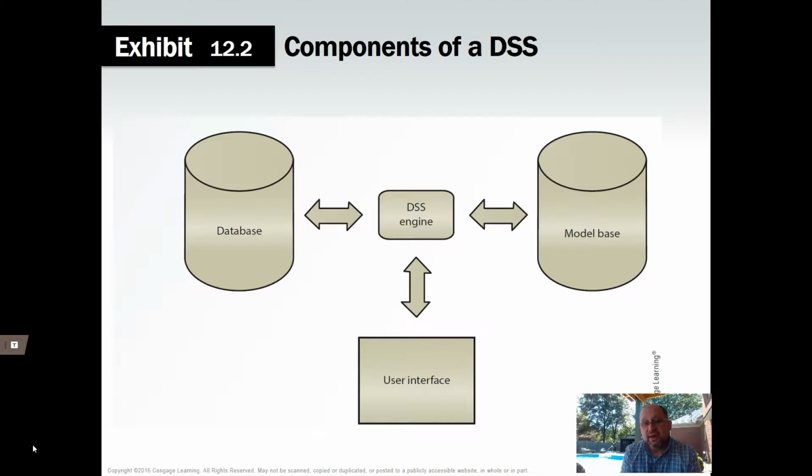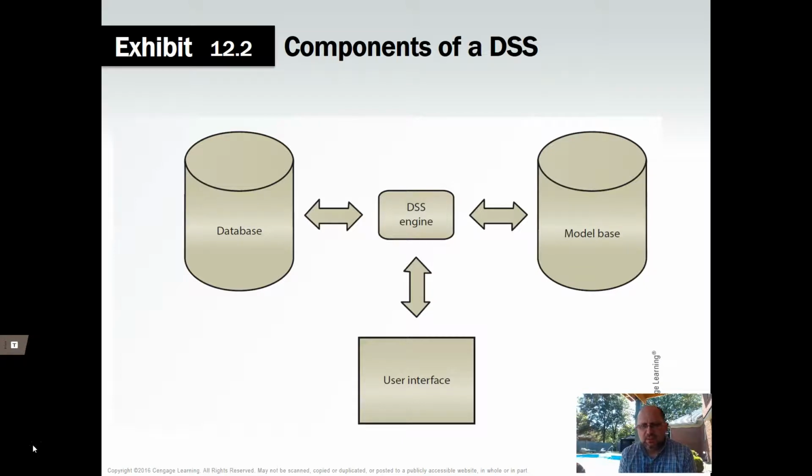So usually what we have are the components that are visible in front of us. We have some kind of a database or storage that allows us to combine and import data into one space, whether it's external or internal. And then we as users interact with this data through a user interface.